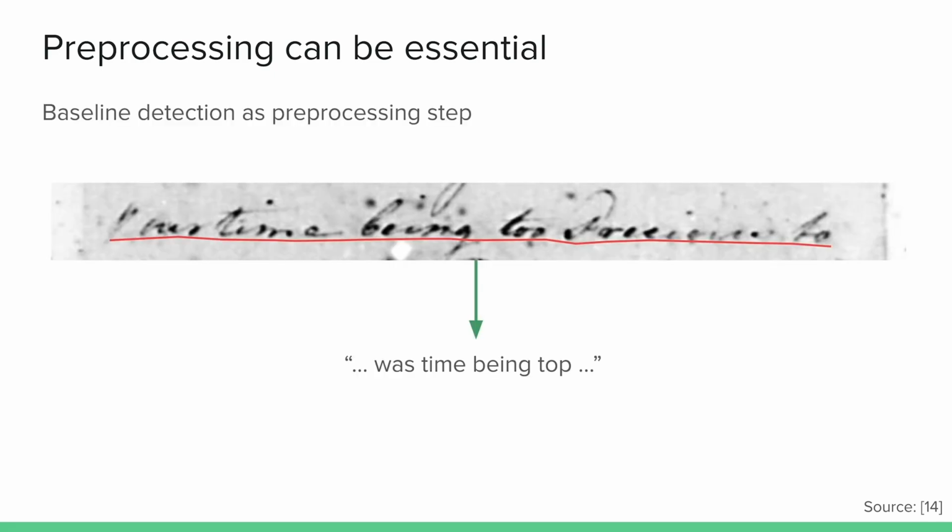One very common procedure for text is that you try to find the baselines of your written text, the line on which the text is being written. This baseline detection is a preprocessing step that transforms the problem into a kind of one-dimensional problem where you just follow along the baseline and then feed that part of the input into your neural network.